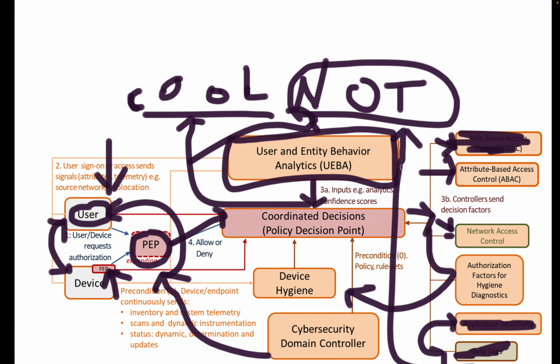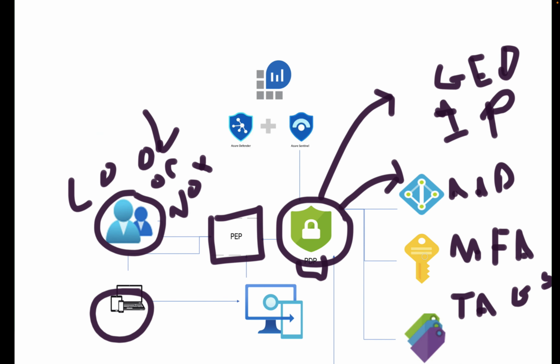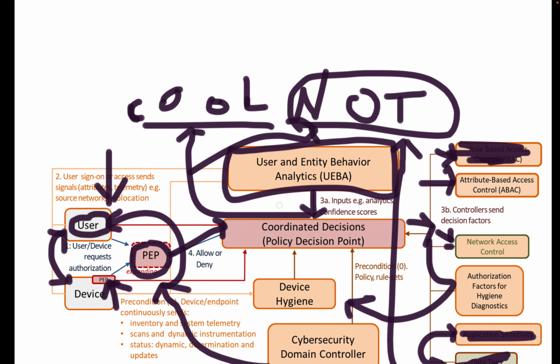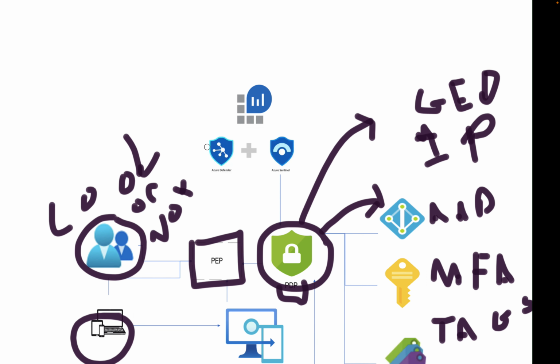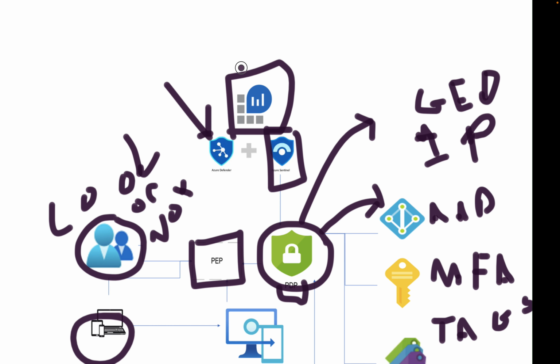So again, we're matching these up. Now, for the user and entity behavior analytics, we're going to have Defender, Sentinel, because that's AI, and then our log analytics workbook. This is going to aggregate all the data for Sentinel to watch this user to see if they're not cool or cool.